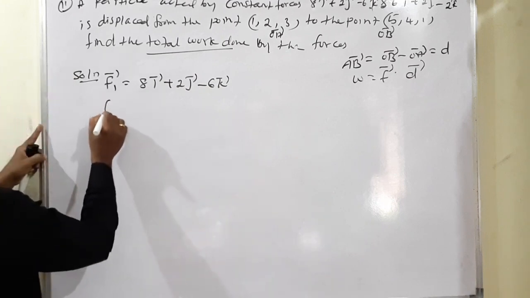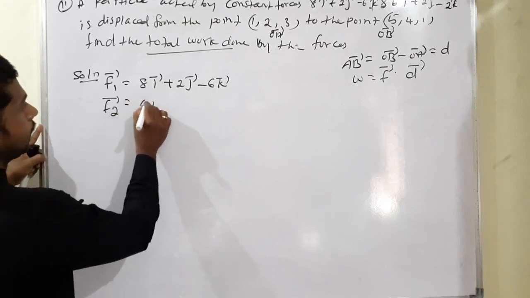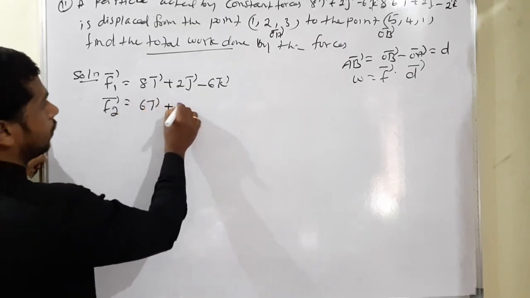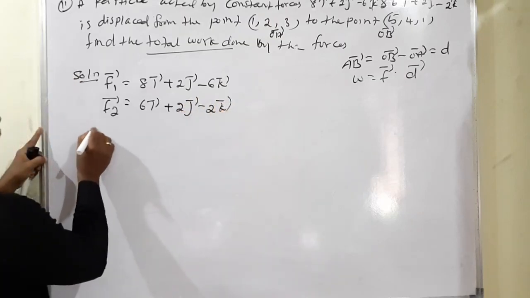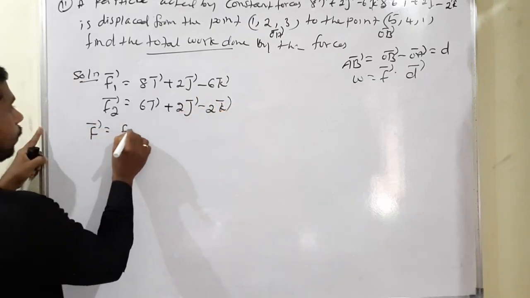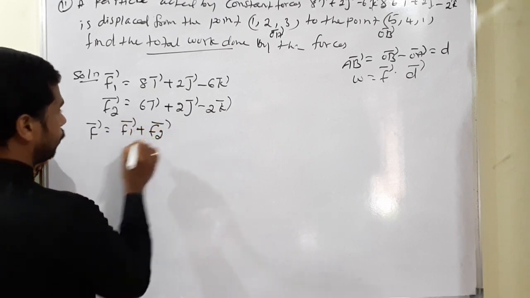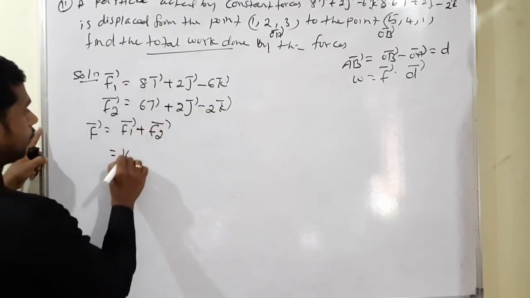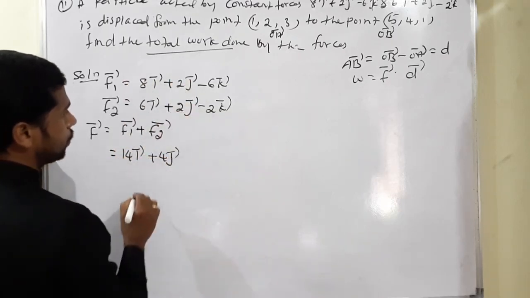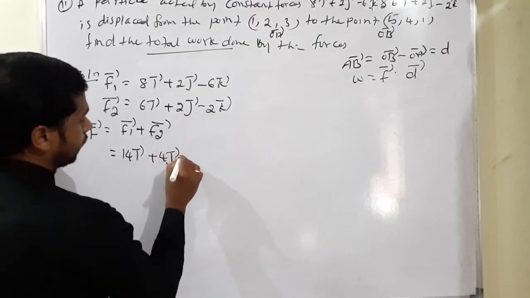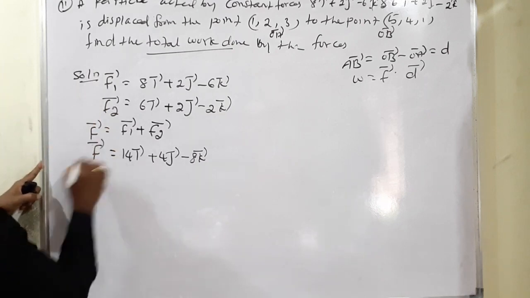F2 vector is equal to 6i vector plus 2j vector minus 2k vector. Therefore, F vector is F1 plus F2: 8 plus 6 is 14i vector, 2 plus 2 is 4j vector, and minus 6 minus 2 means minus 8k vector. This is considered F.